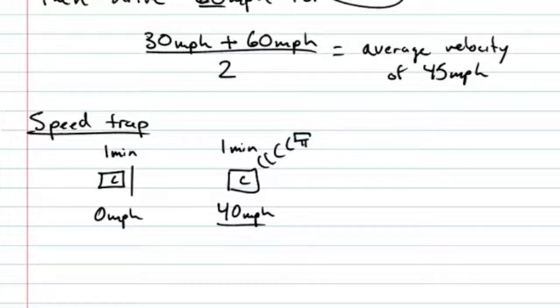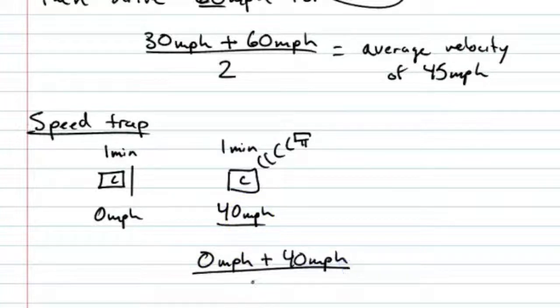So if you were to take the average velocity of this, you would have to add 0 miles per hour plus 40 miles per hour, because you were here for a minute and you were going 40 for a minute. And since we have two numbers that we're using here, you'd have to divide that by 2. So your average velocity was actually only 20 miles an hour during that time.